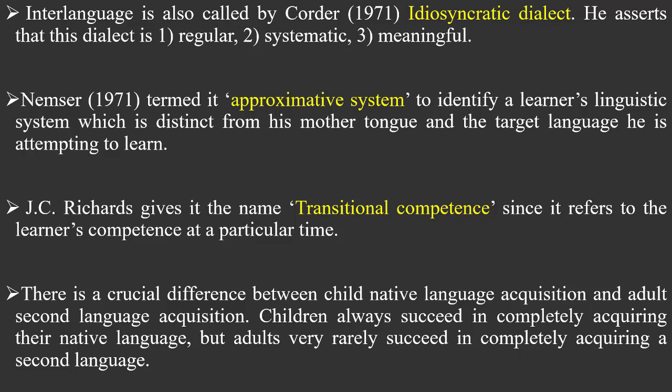It is systematic in the sense that the errors you make reflect the system of the L2 language. It's meaningful, so the system of language that you produce is not meaningless. It communicates meaning.